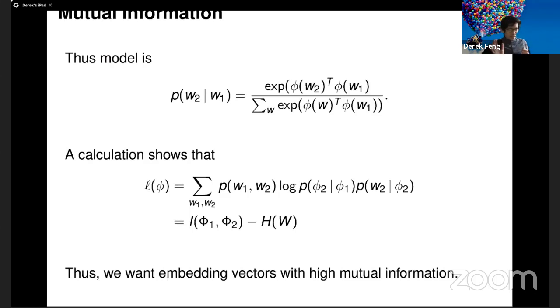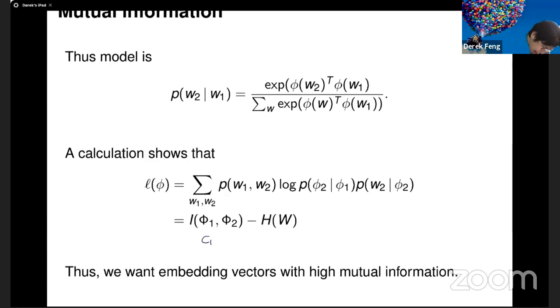And you can show that the likelihood here has a very similar form, except now we look at the average mutual information between the embedding vectors of your first word and the embedding vectors of the next word, right? It's the same thing as what we had before, which was C1 and C2 average mutual information.